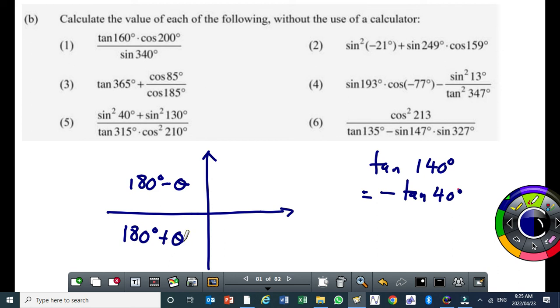For example, if I give you cos 230, what you should ask yourself is, what angle is related to 230, which is acute? 230 minus 180 gives you 50 degrees. Then, is cos positive or negative in the third quadrant? Negative. So this will be minus cos 50 degrees.